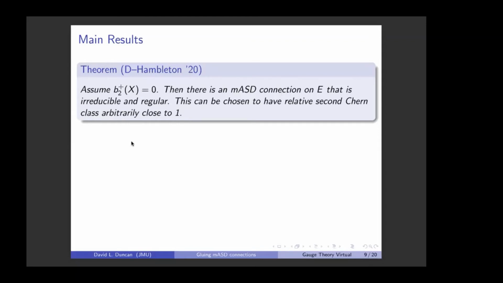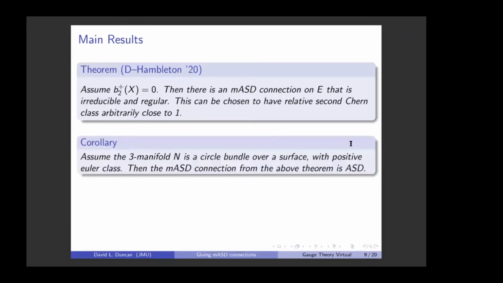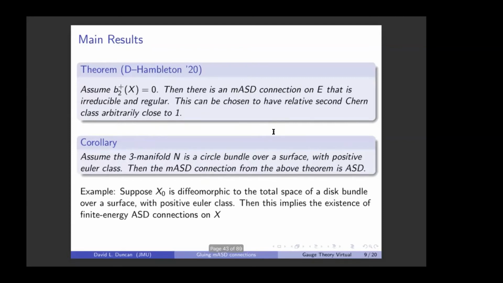So then corollary, let's suppose that the 3-manifold down at the end is a circle bundle over a surface that has positive Euler class. Then the mASD connection from this previous theorem actually is ASD. And so you can view it as an existence theorem for ASD connections. And so it's a special case of this corollary.